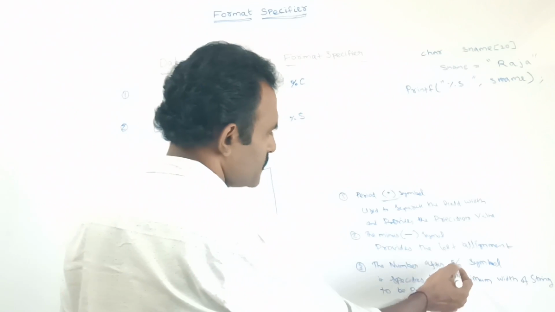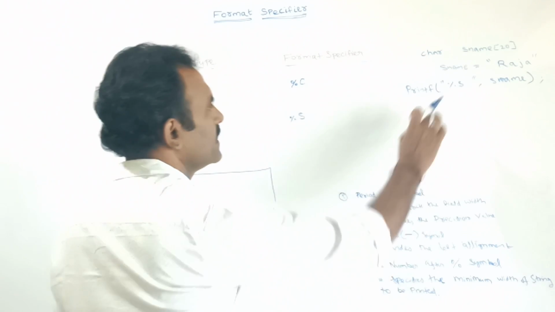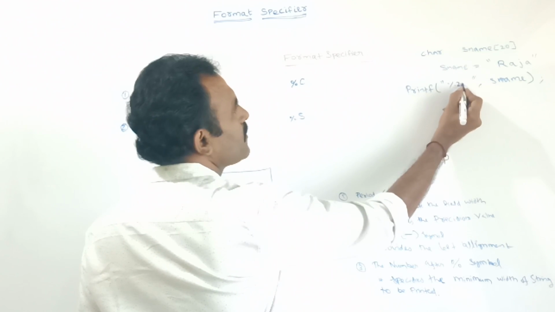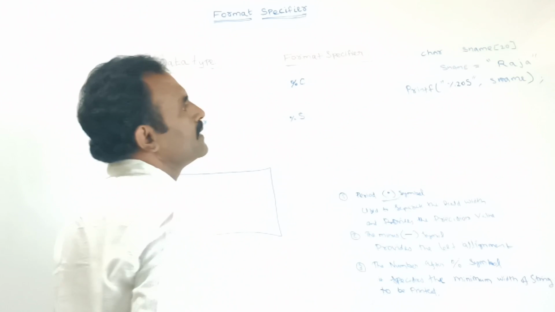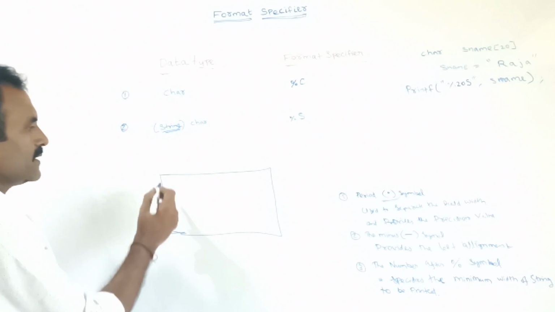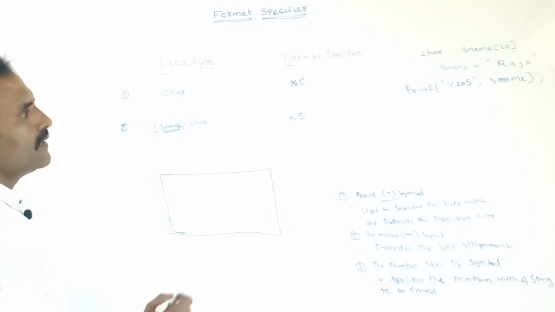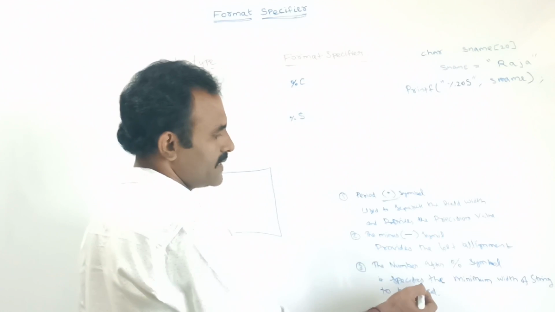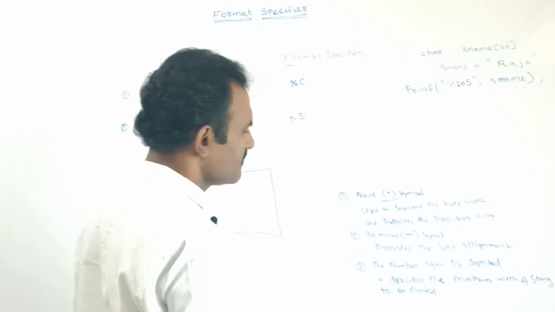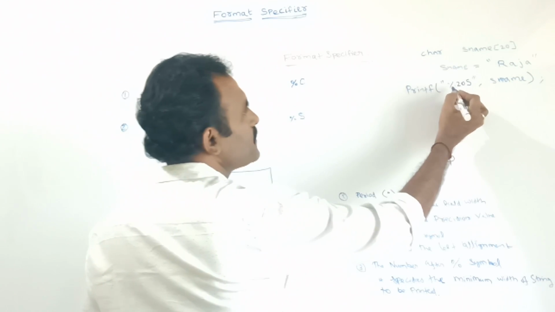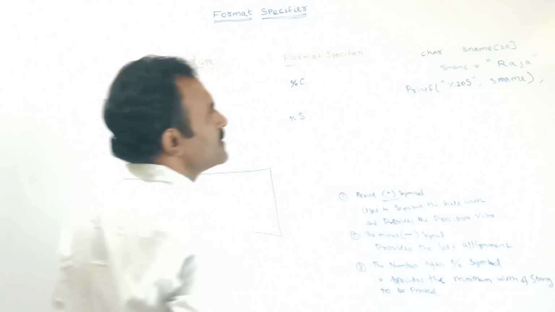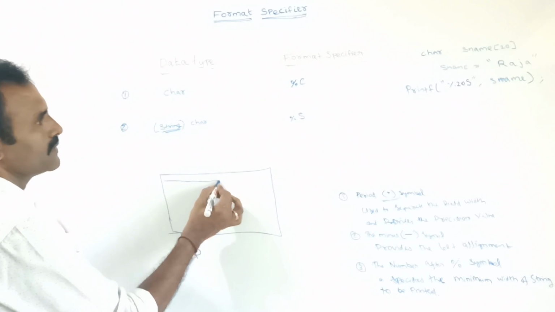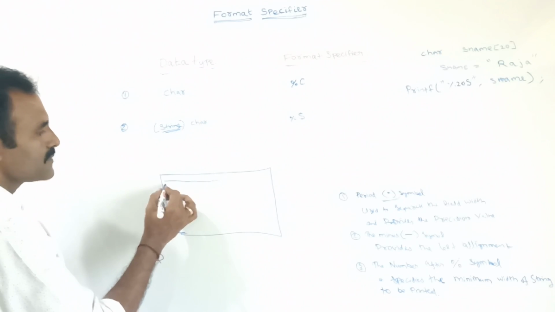Suppose I am using a number after the percentage symbol, here instead of percentage s, suppose I am giving percentage, a number 20 and s. Here in the display screen, the number after the percentage symbol specifies the minimum width of the string to be printed. That means totally it specifies 20 spaces, that is from 0th position up to 19th position.